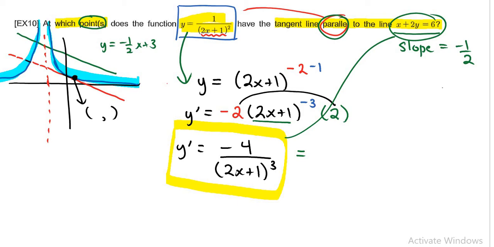Okay, so since this linear line has a slope of negative 1/2, I want to make my derivative equal to negative 1/2. All right, so if I set my derivative equal to negative 1/2, then what I'm doing now is I'm trying to find all the x values on that blue graph where we have a slope of negative 1/2, because that would make it parallel to the green line, which is the linear line for this problem.